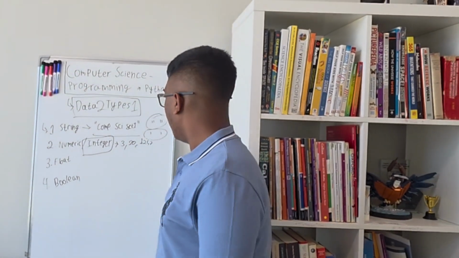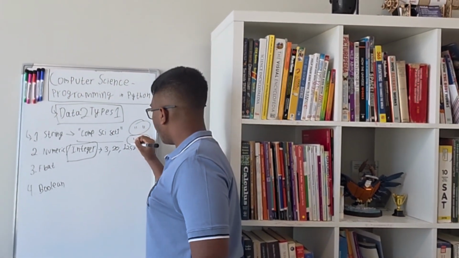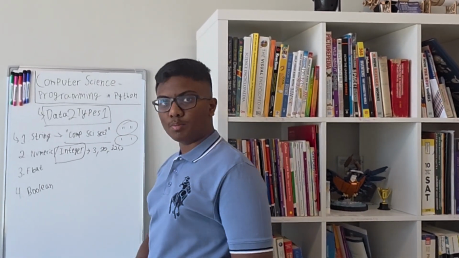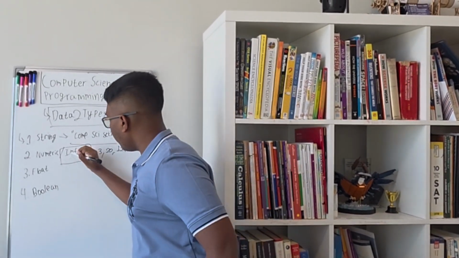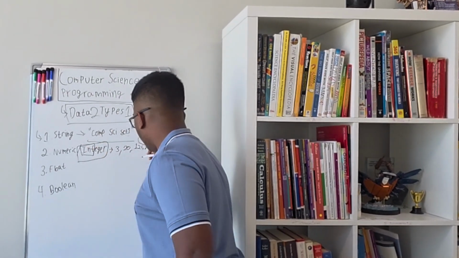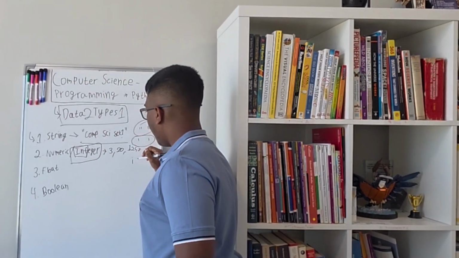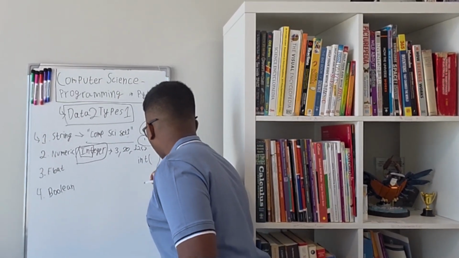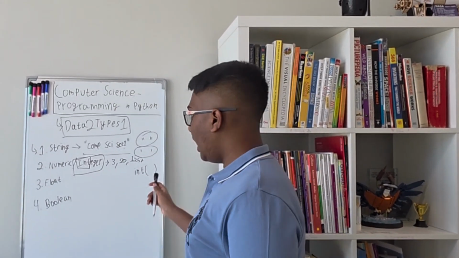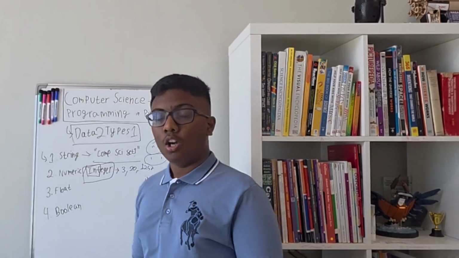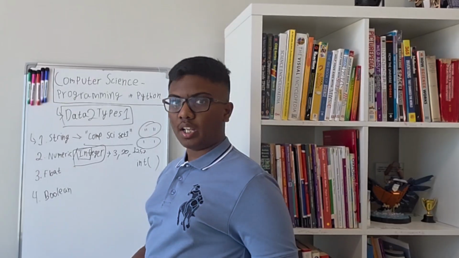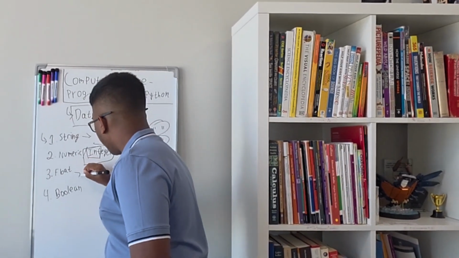In Python, you'd always denote an integer without the marks that are shown for a string, as in there are no speech marks. We would also use the function int, as in int, all simple letters, and then brackets to clarify that this is an integer, or just write the value. Alright?